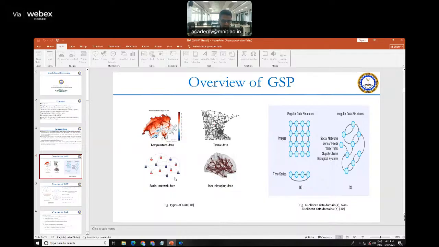Is there any difference between a graph and a network? Can somebody tell? Are the graph and network the same, or are they different?